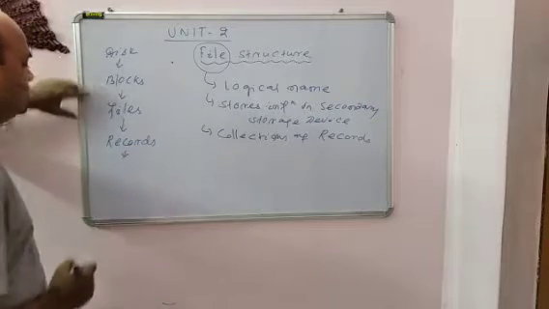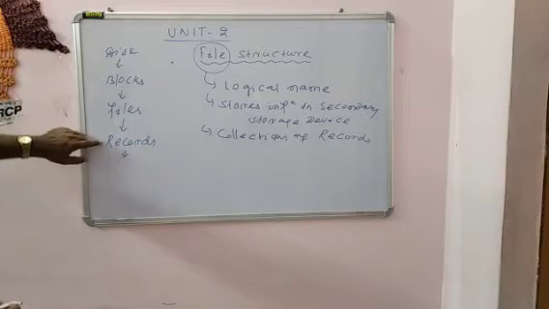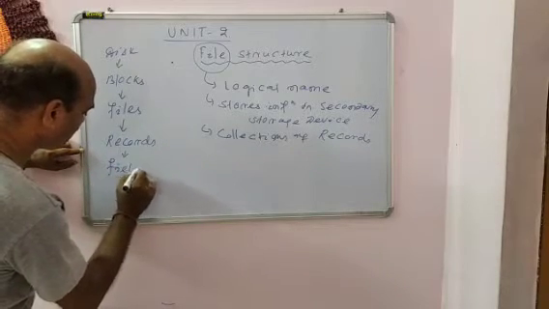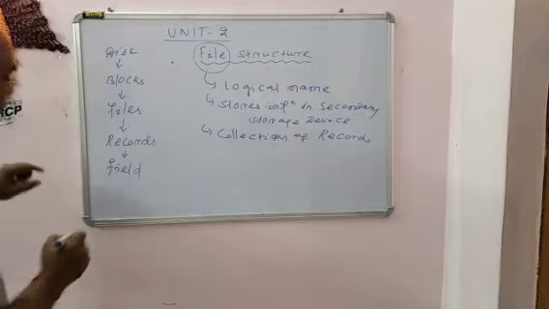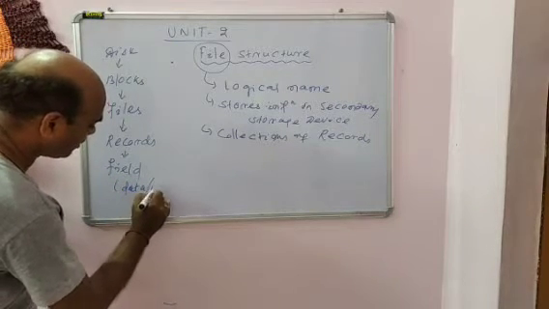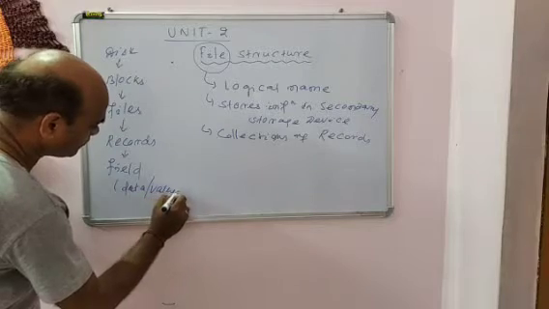What is a record? A record contains a number of fields, and each field stores the data or values.